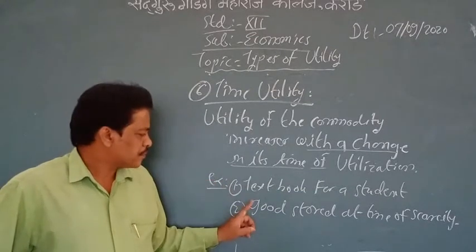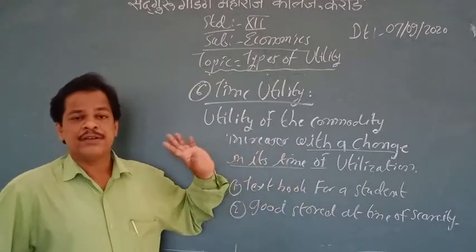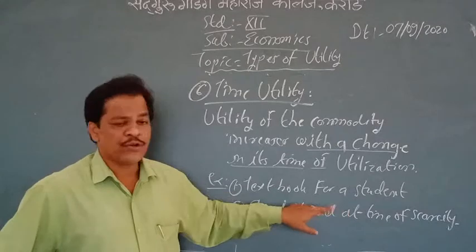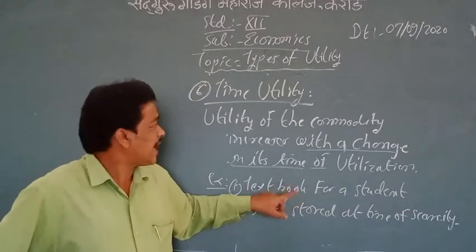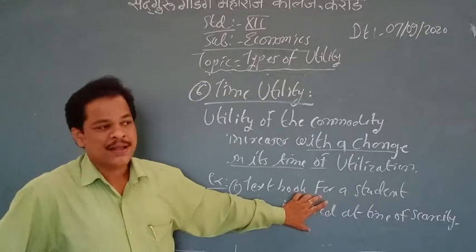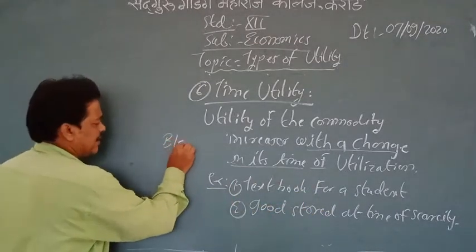Again, goods stored at a time of scarcity. Suppose we are going to use some goods at the time of scarcity. Even here, time is very important. Now see, one point is black marketing. How important this concept is.